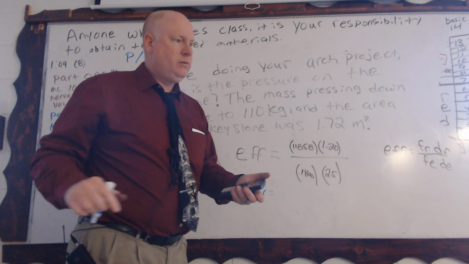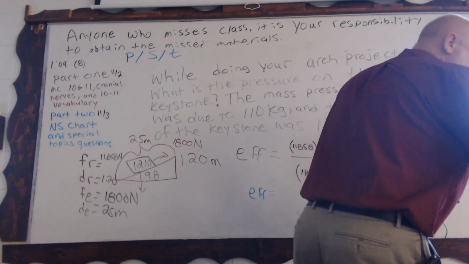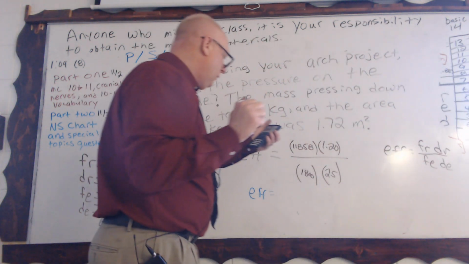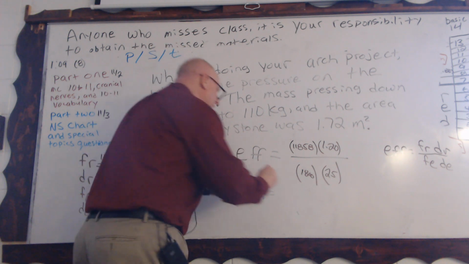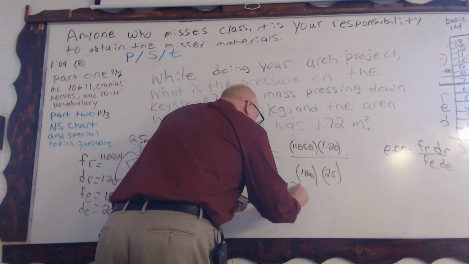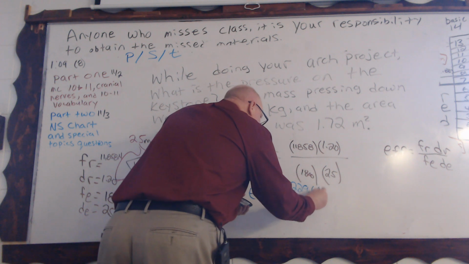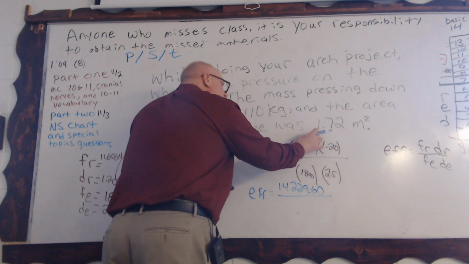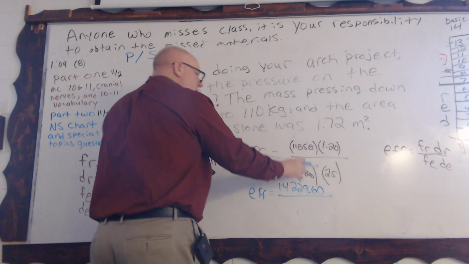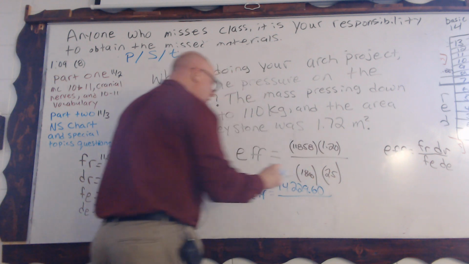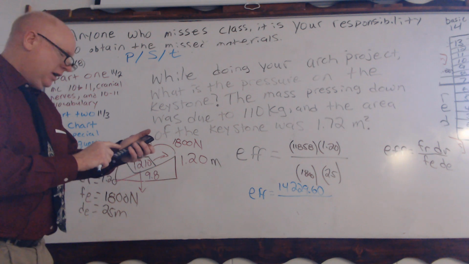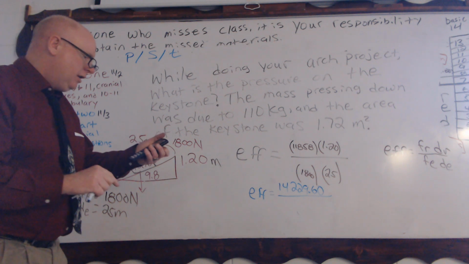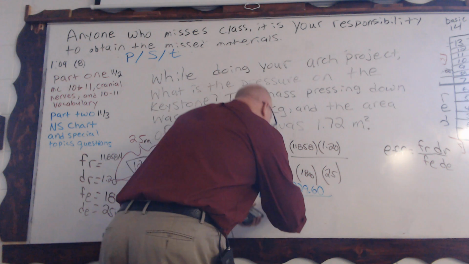And we get 14,229.60. That's these two multiplied by each other. So we've got to do the same thing here. 1,800 times 25. That gives you 45,000.